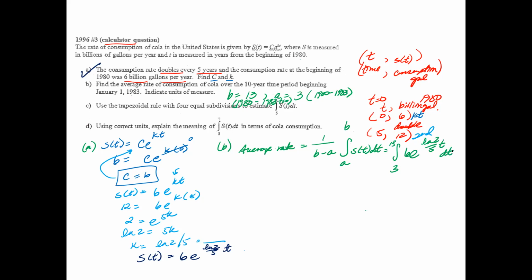If you go ahead and integrate this, and you just plug in the evaluation of this, you should have 19.680 billion gallons per year.